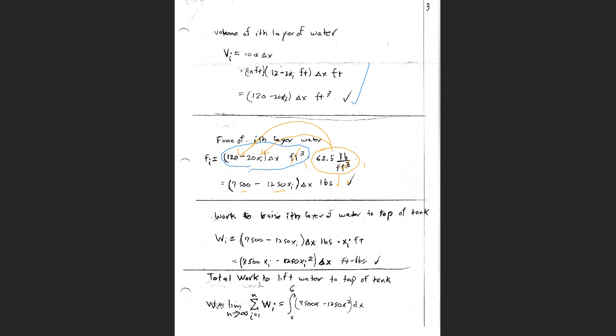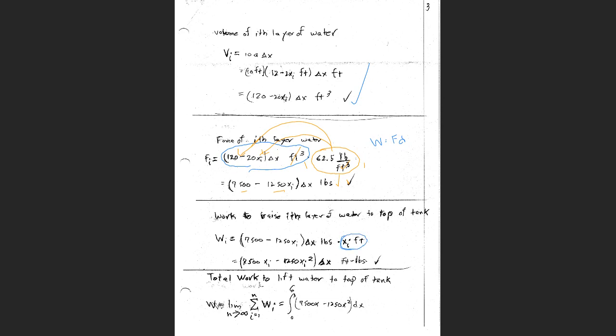What I want, of course, to find is the work needed to bring the ith layer of water to the top of the tank. Since work, remember, is force times distance, I need to consider the distance. The distance that the ith layer of water is from the top of the tank is xi feet.